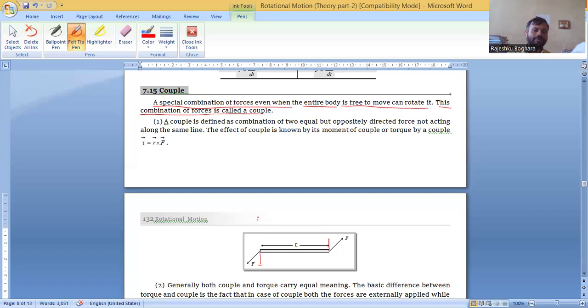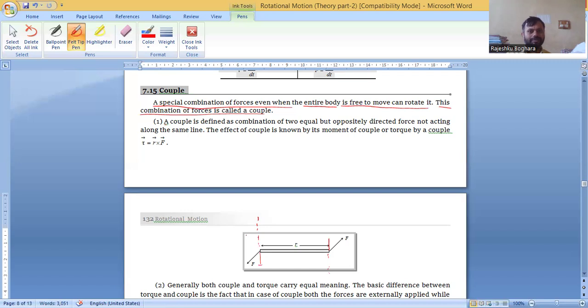But the line of force acting on the body is not the same. Okay, opposite है force और equal magnitude है, और force की line of action is always different.